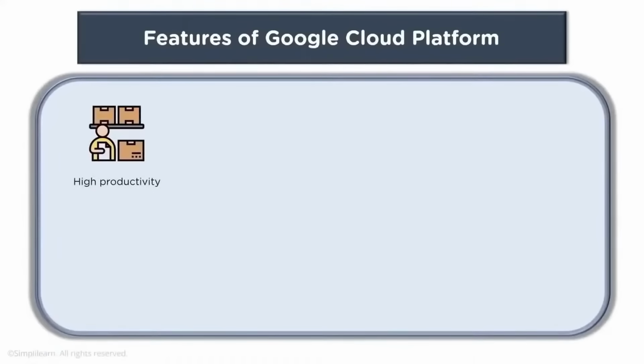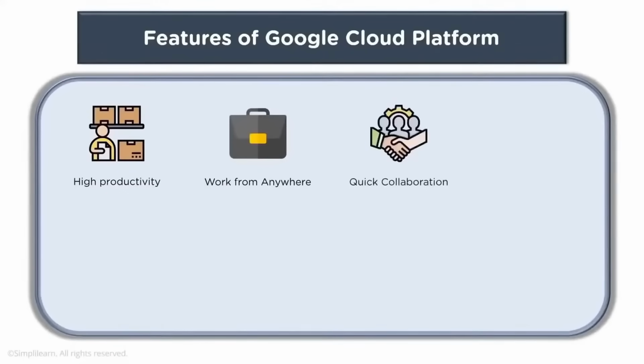So when we talk about features of Google Cloud Platform, it offers high productivity because you are using resources based on the same infrastructure which Google uses for its own different use cases. You can work from anywhere provided you have an internet connection, and you can connect to the cloud platform and use different services offered via web. You can quickly collaborate with different teams or colleagues working on different projects which might be sharing or using different GCP resources.